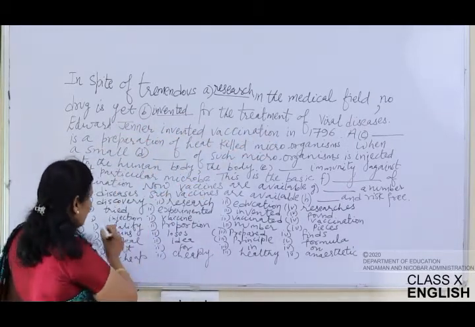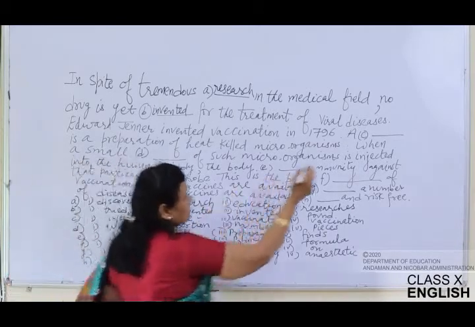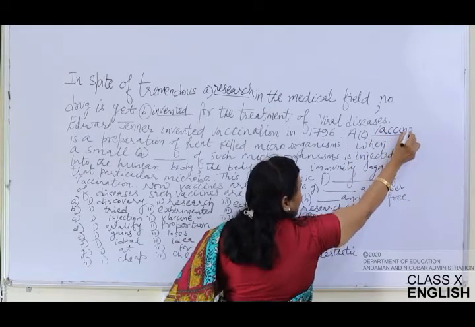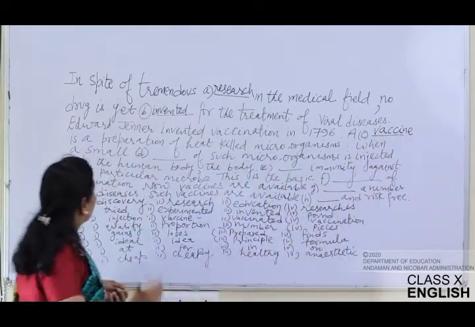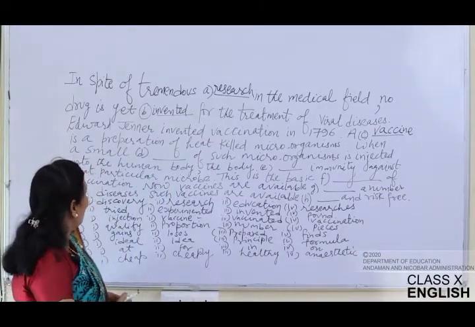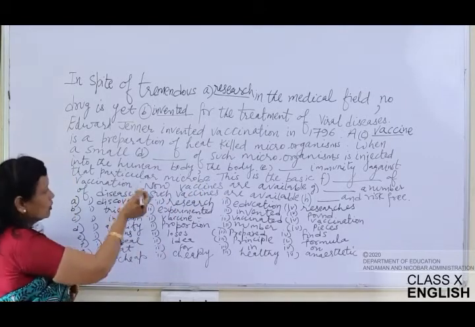What does preparation of heat-killed microorganisms tell us? Definitely it is the vaccine. So a vaccine is the preparation of heat-killed microorganisms. When a small blank of such microorganisms is injected into the human body.